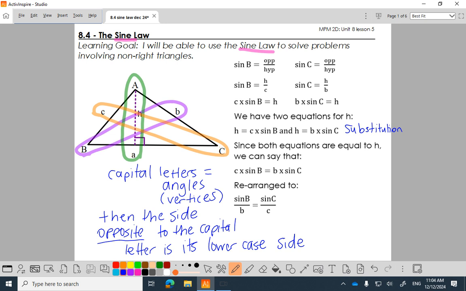So you label the vertices first, ABC or whatever, and then the side opposite will be that side that corresponds to it. Capital C, lowercase c. Capital B, lowercase b. Capital A, lowercase a. Because unfortunately it is going to influence the math, and there is no way for you to tell that it's right or wrong.